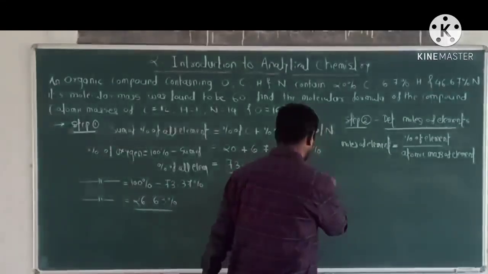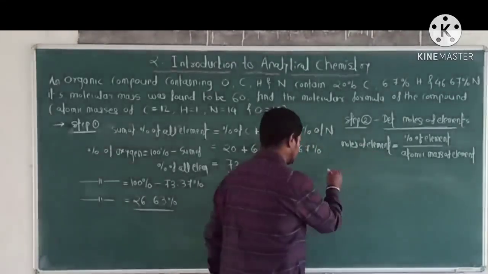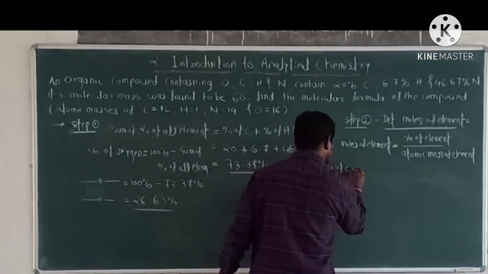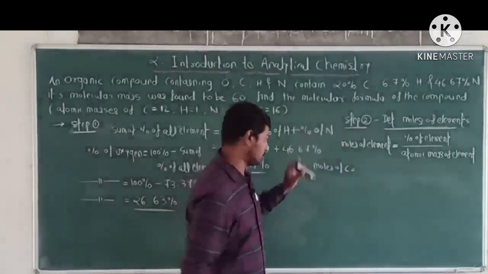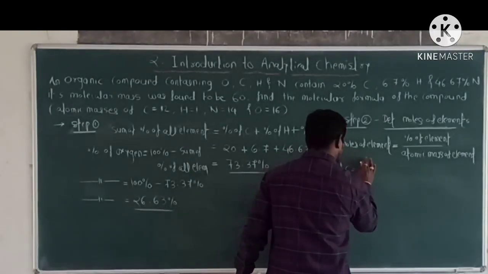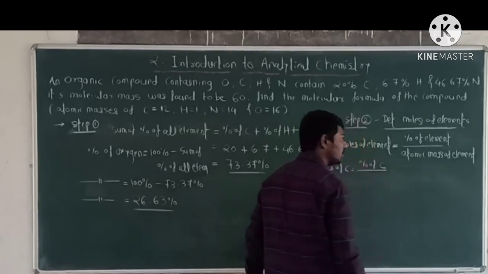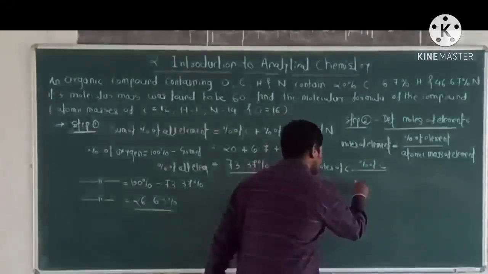Now, first, the moles of carbon. Moles of carbon is equal to the percentage of carbon divided by the atomic mass of carbon.